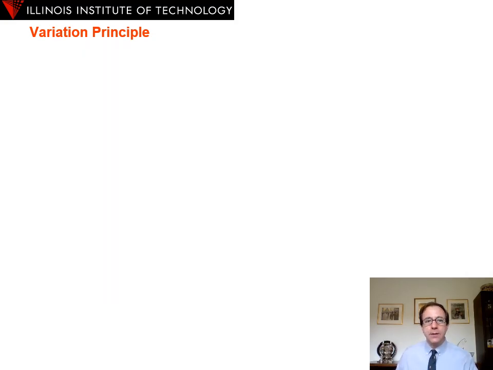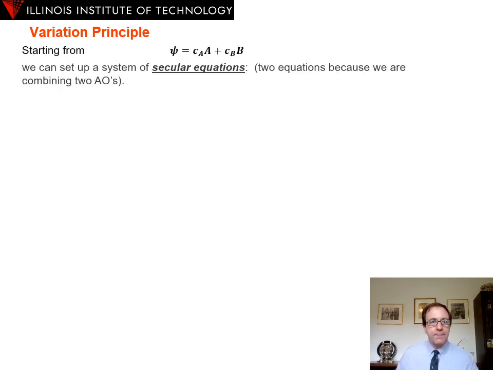Okay, so continuing with our discussion of the variation principle, and we're starting with the molecular orbital wave function. What we're going to do is set up a system of equations. These are called secular equations, and they're going to allow us to understand the relationship between the value of an orbital's energy level and some of the overlap and other integrals inside that wave function.